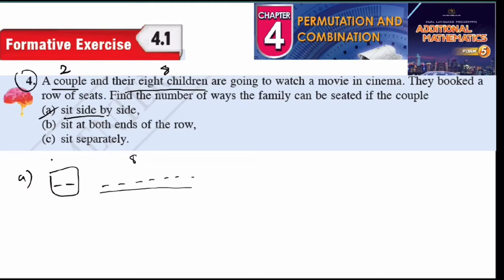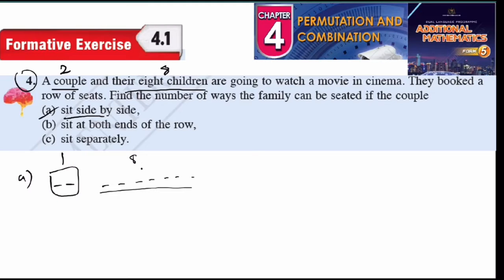How many ways to arrange the parents? Father first followed by mother, or mother first followed by father. So we have 2P2 for us to arrange the couple to be together.